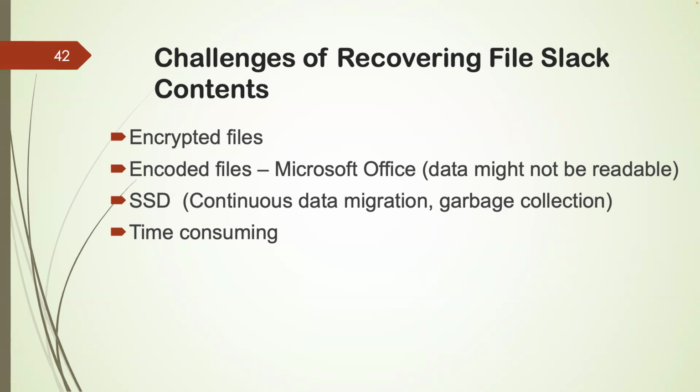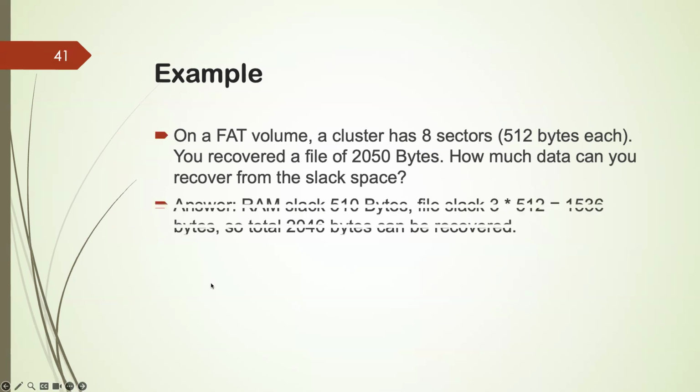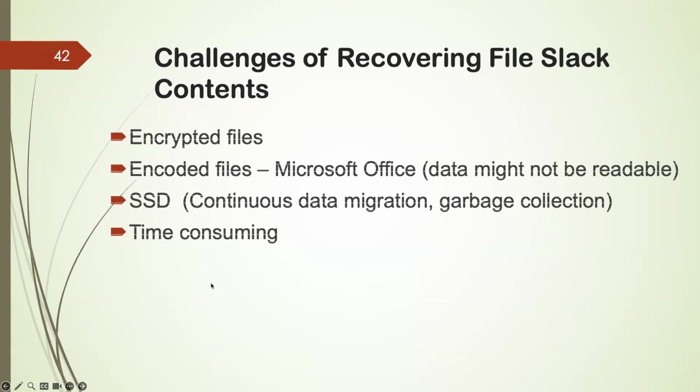So if you are using an SSD, there will be no slack space, or there will be data in slack space, but over time, whenever the garbage collection runs, that data will be deleted forever. And the last thing is, this whole operation is very time consuming. You will have to open each and every file, find the slack space, then find the proper encoding for that. So overall, this step is pretty time consuming.